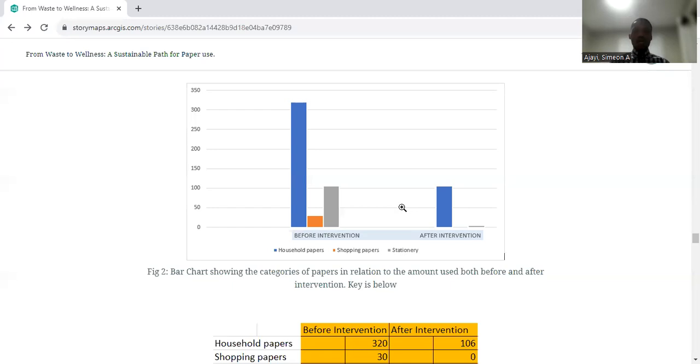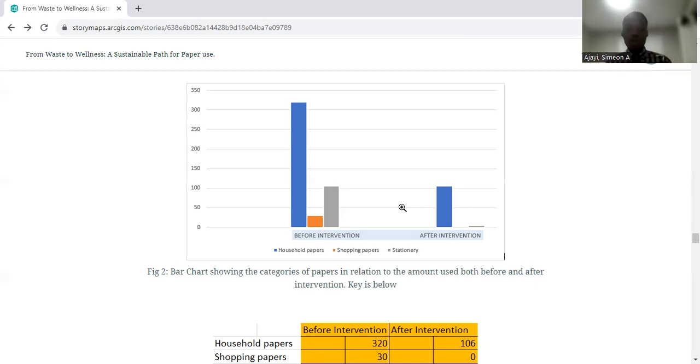Now to the second bar chart. The first bar chart we discussed earlier is kind of cumbersome because I had to condense all those paper products into it, so it's not easy to relate to each of the products. So I categorized these paper products into 3 sections: the household papers, the shopping papers, and the stationery.